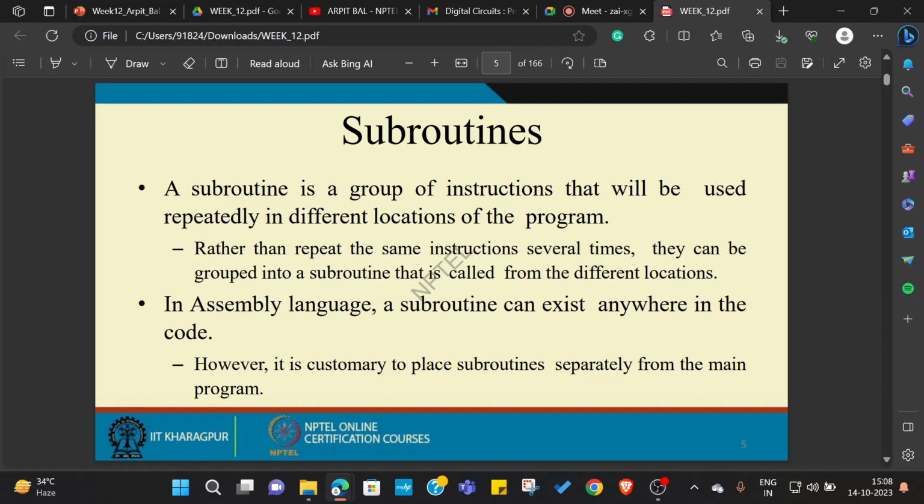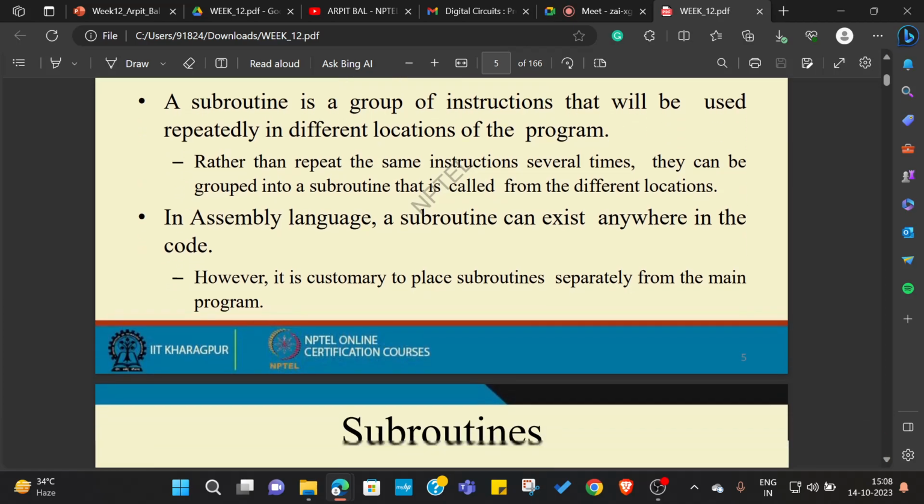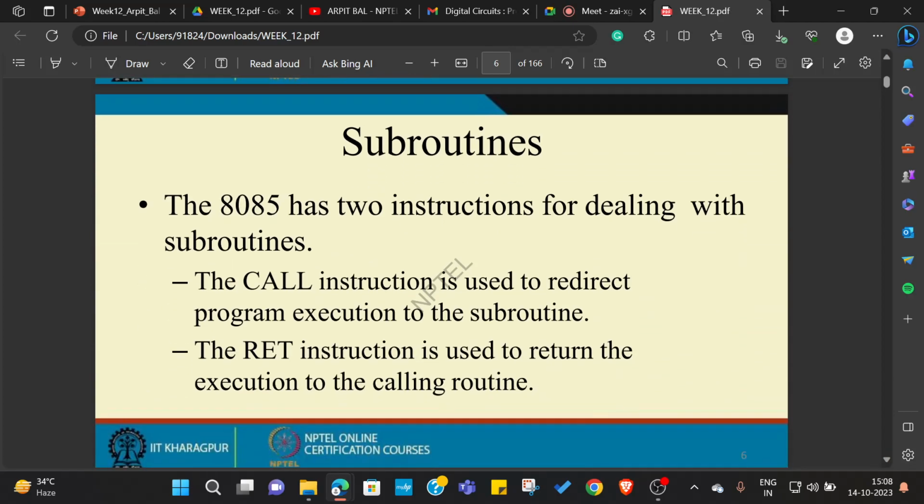Okay, so that is what a subroutine is, and it can exist anywhere in the code in assembly language, but it should be separated from the main program. In 8085 there are two instructions for dealing with subroutines: the call instruction and the return instruction.